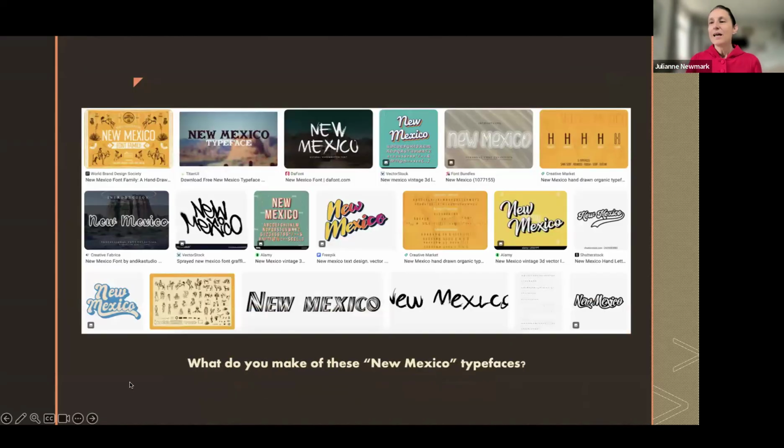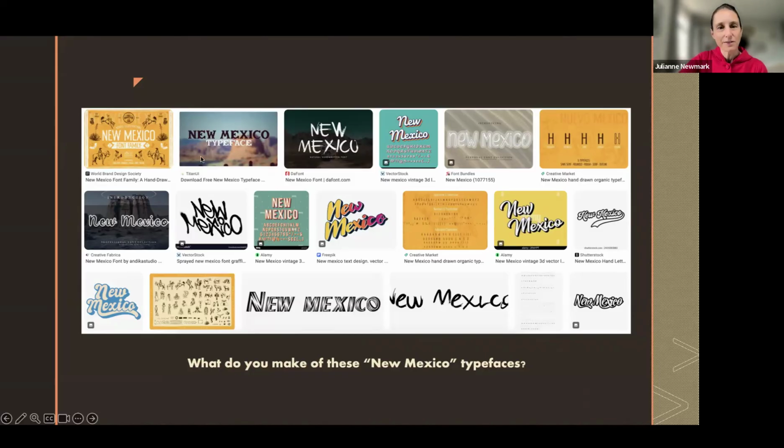So this is what I got when I put in New Mexico typeface. It's so different. I wish it were easier for me when I was recording these videos to toggle back and forth between slides. But what I want to show you here is how New Mexico is rendered typographically. Like, what do you think? What does this tell you? What do we see here?